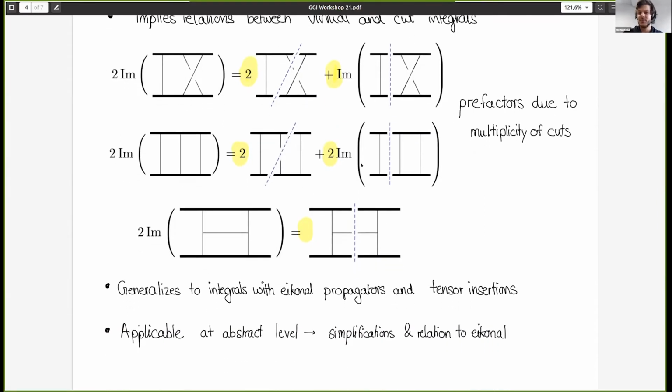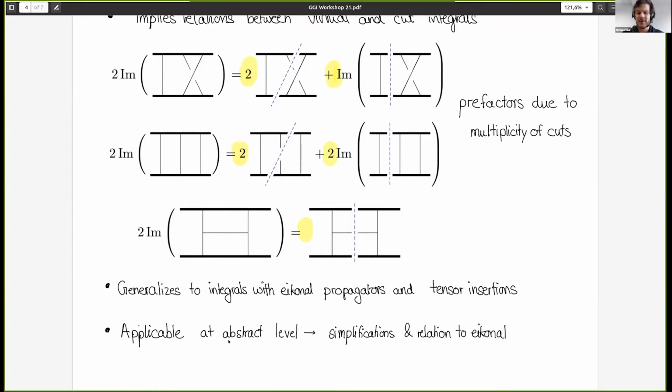So far this discussion was for quadratic propagators and with scalar insertion, but it very easily also generalizes to eikonal propagators, so this is linear propagators, and to tensor insertions. The only thing you might need to keep track of is that the symmetries are typically broken by tensor insertions.